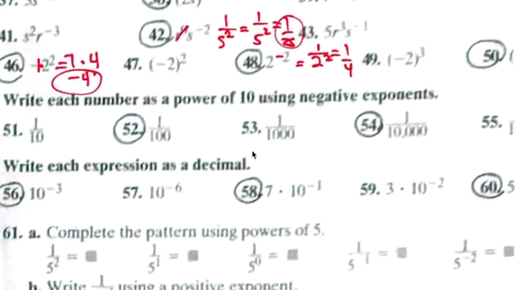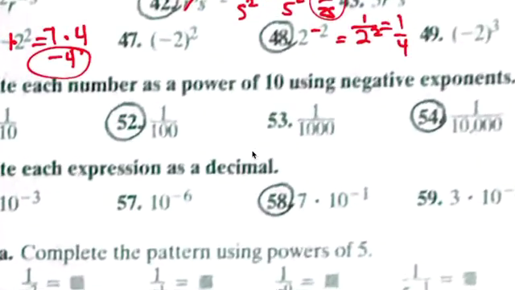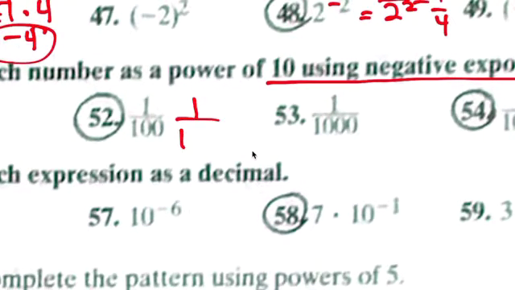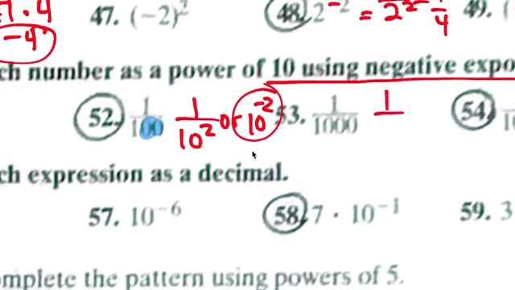Okay, using negative exponents, so this is 1 over 10 to the second power for 2 zeros. Okay, so your answer is 10 to the negative 2 power. That's your answer as a negative exponent. It's 1 over 10 to the third power. 10 to the negative third power is your answer.